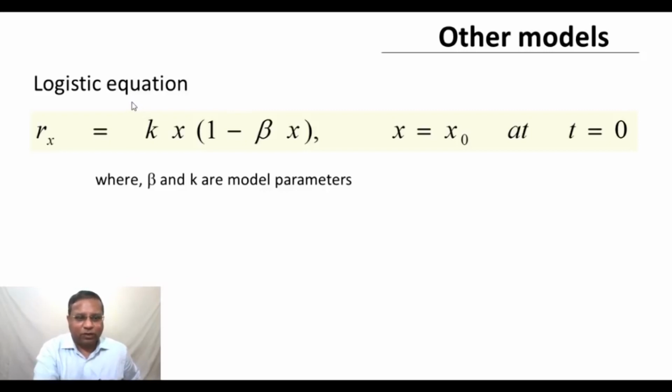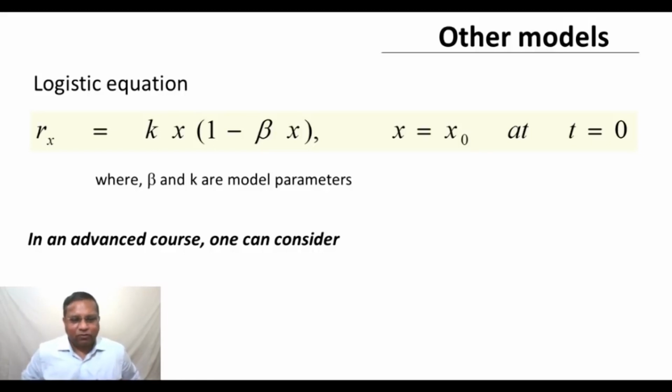It's called the logistic equation, which is helpful in certain situations, where Rx, the rate of growth, equals k into x into (1 minus beta x), where k and beta are the model parameters which change according to the system. And this goes with the condition that x equals the initial cell concentration x0 at time t equals 0. This is called the logistic equation, which is valid under certain circumstances.